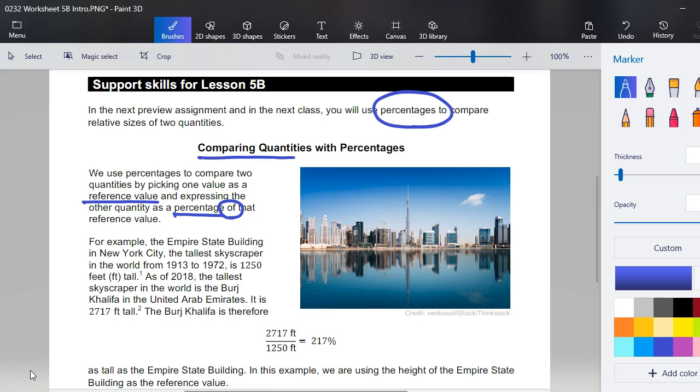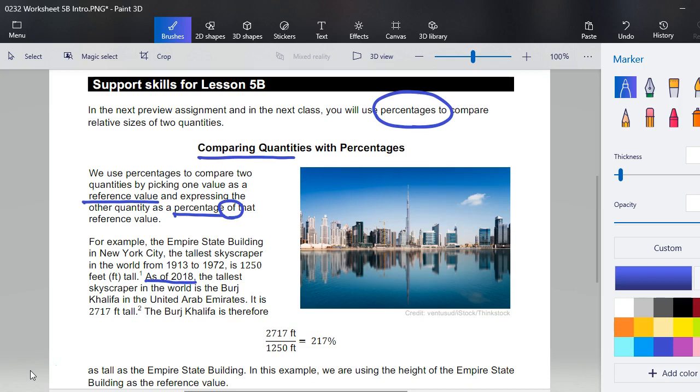that reference value. For example, the Empire State Building in New York City, the tallest skyscraper in the world from 1913 to 1972, is 1,250 feet tall. As of 2018, the tallest skyscraper in the world is the Burj Khalifa in the United Arab Emirates. It is 2,717 feet tall.